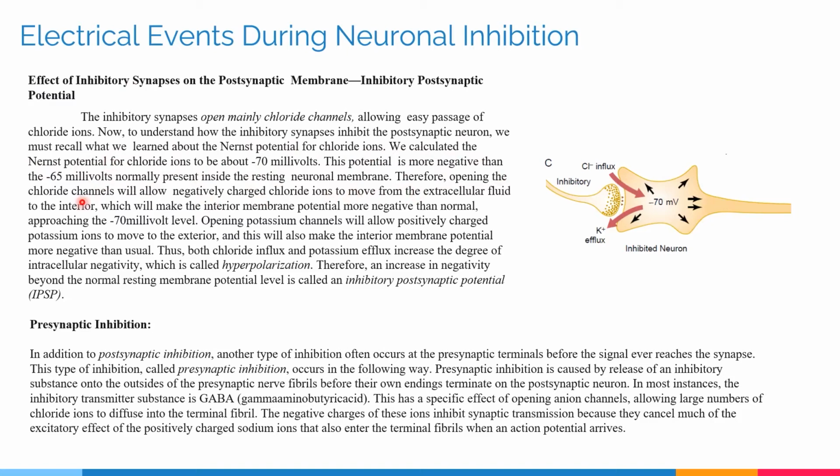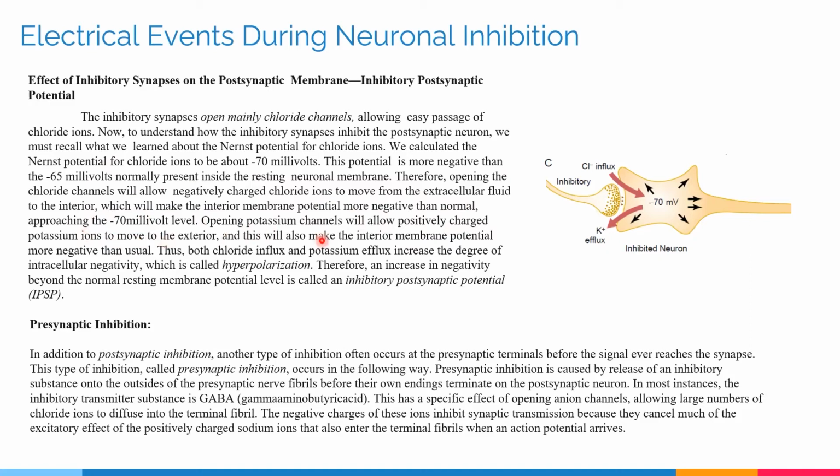Therefore, opening chloride channels will allow negatively charged chloride ions to move from the extracellular fluid to the interior, which will make the interior membrane potential more negative than normal, approaching the minus 70 millivolt level.